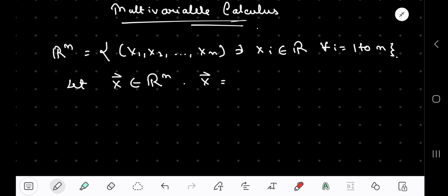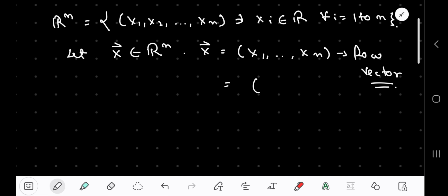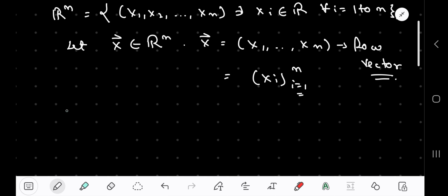Then x will admit some form like this, and this is what we often call a row vector. Another way of representing this is simply like this. Sometimes we just omit the index when it's obviously understandable. Once we have a vector of this form, we can also define something of this sort, or simply use this notation itself, which we refer to as the transpose.